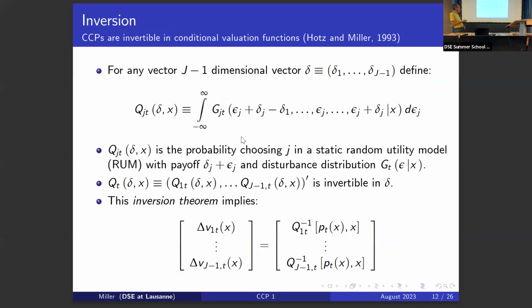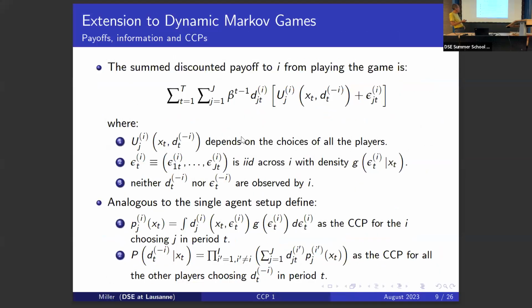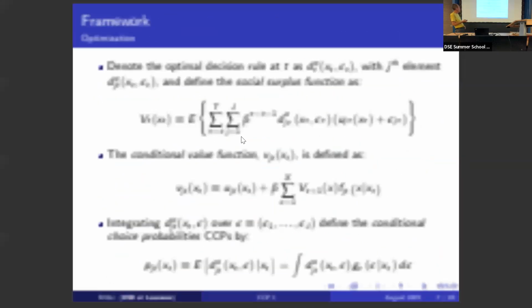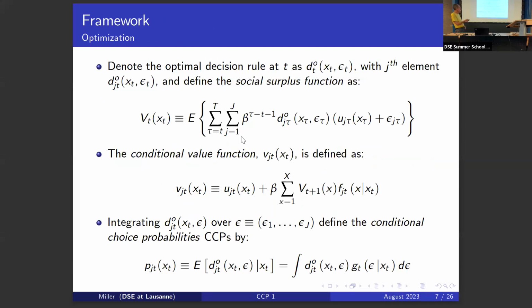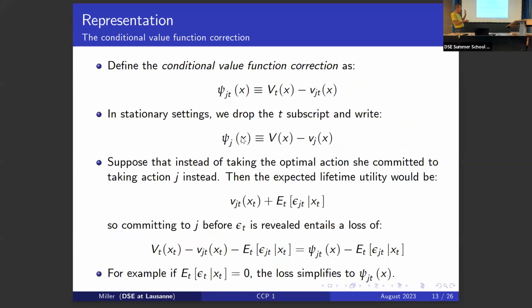Where do we go back and define this thing? Here we go. This is the one I wanted. Look at this. Big V is equal to little v j plus the correction factor. That's true for all j and all x.